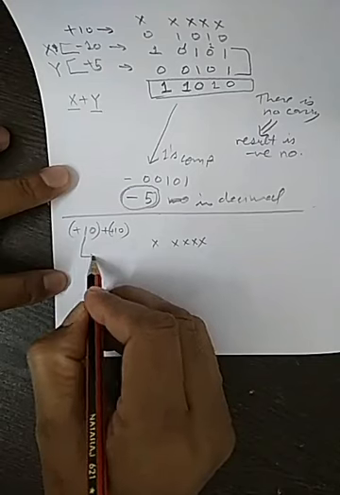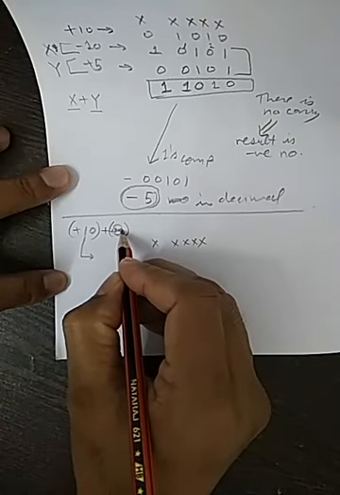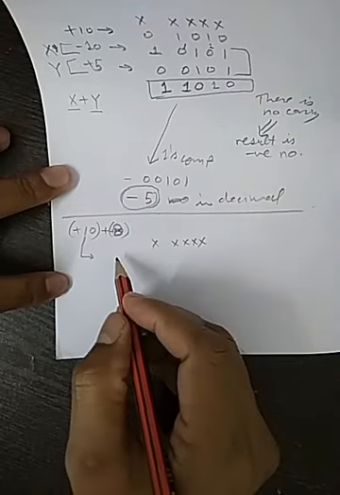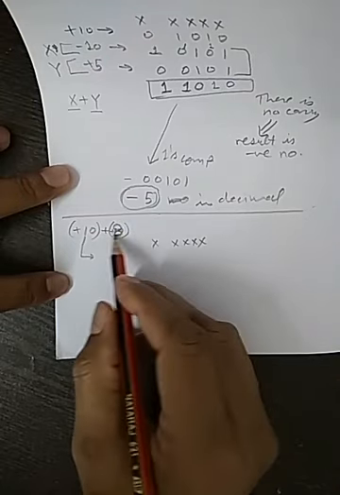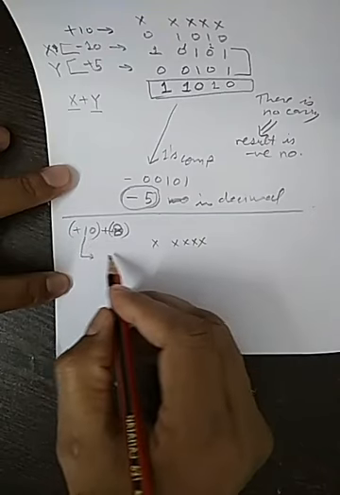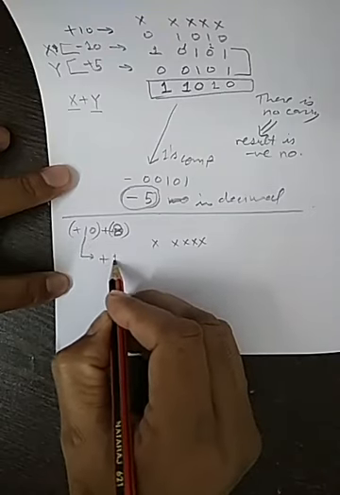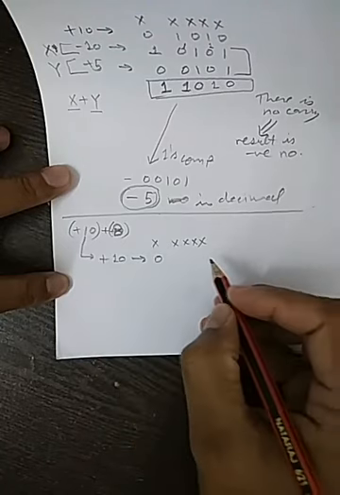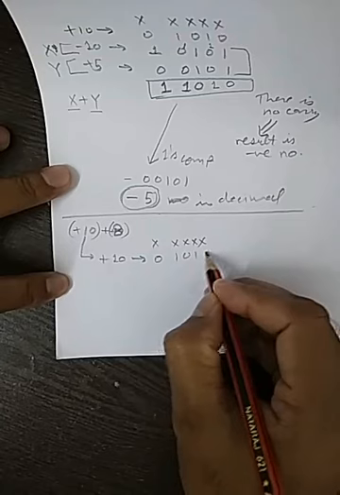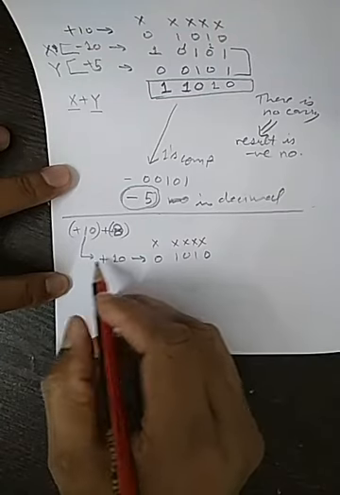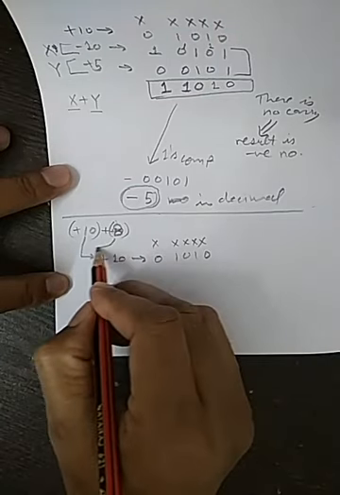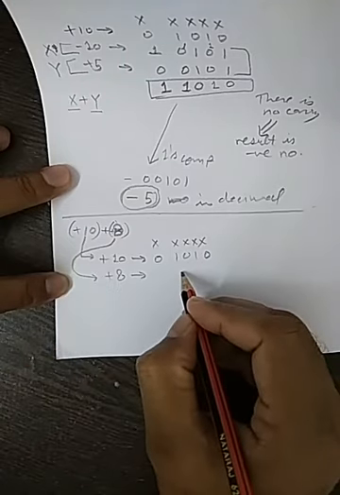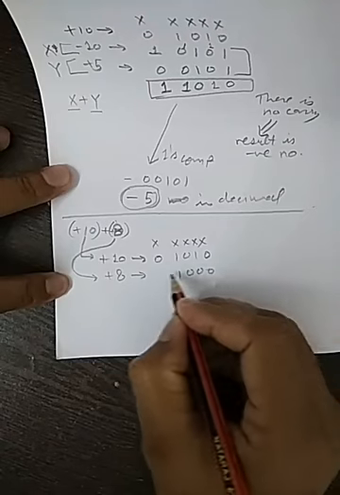So this number plus let us take 8, just for the difference purpose, so that these two numbers are different. So plus 10 is represented as 1's complement. It is a positive number, so I will put 0 at the sign, and 10 is represented like this. Then the second number plus 8 is represented as 1 triple 0.